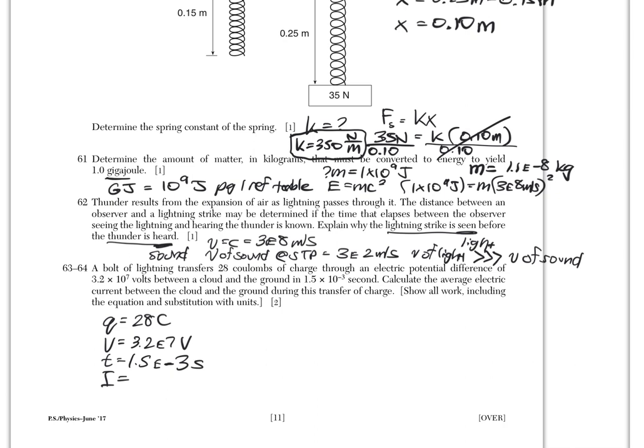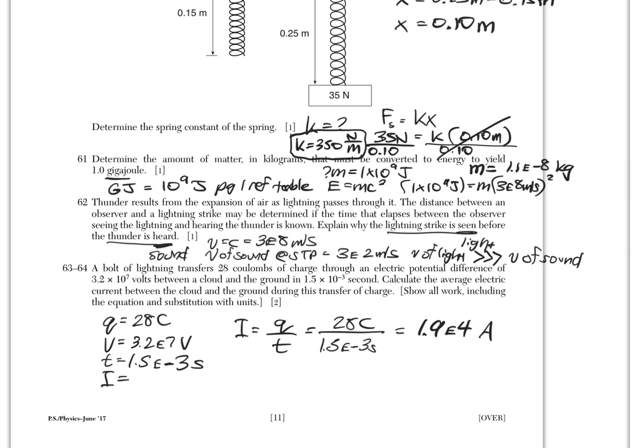Well, I don't need the voltage. If I want to know what current is, it's Q over T, which is 28 coulombs over 1.5 times 10 to the negative 3 seconds, which is 1.9 times 10 to the 4 amps. It's a lightning strike. It's a lot of current.